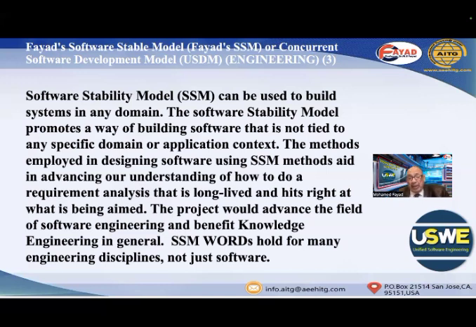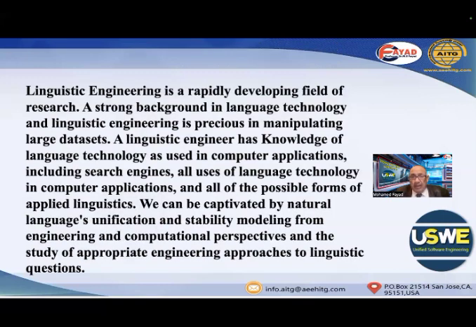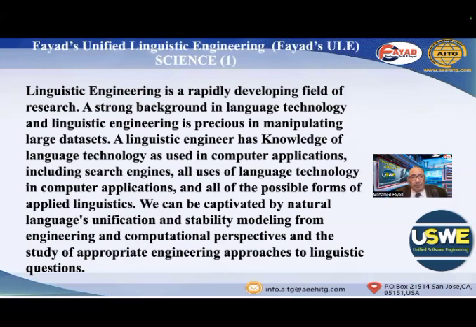Software stability models hold for many engineering disciplines, not just software. This is very important for you to know. So this is again, linguistic engineering is a science. Look at programming, for example.